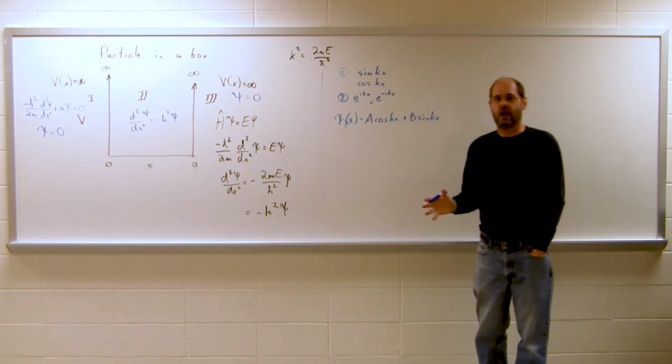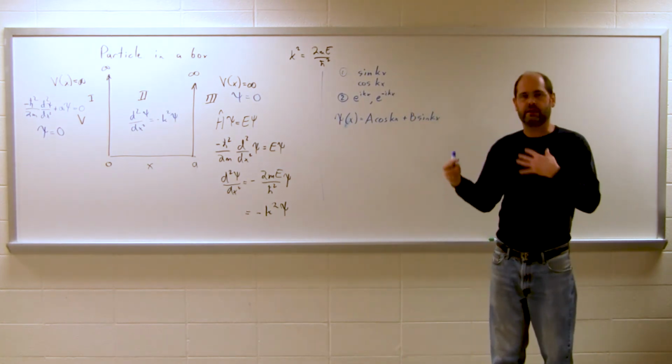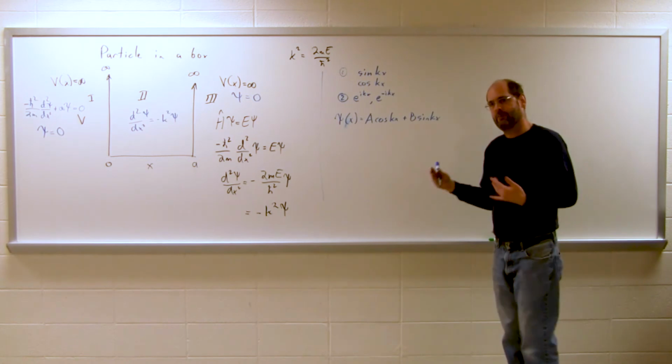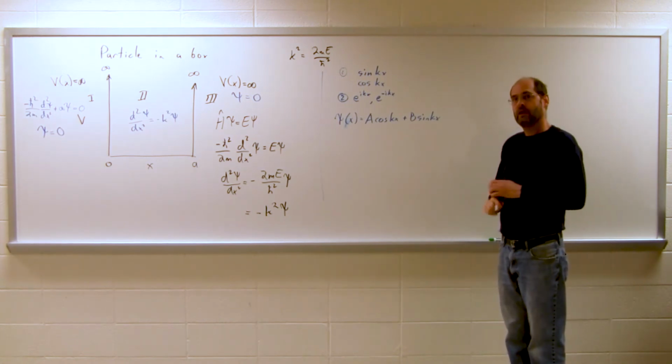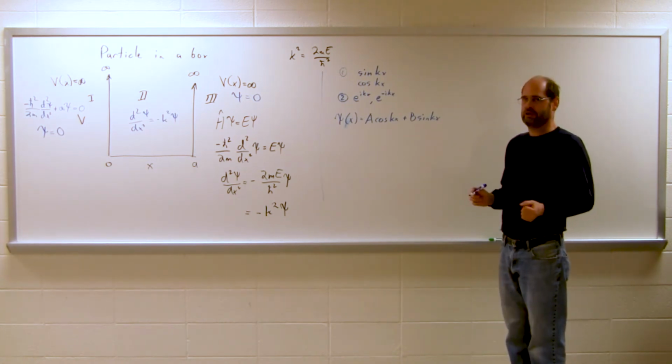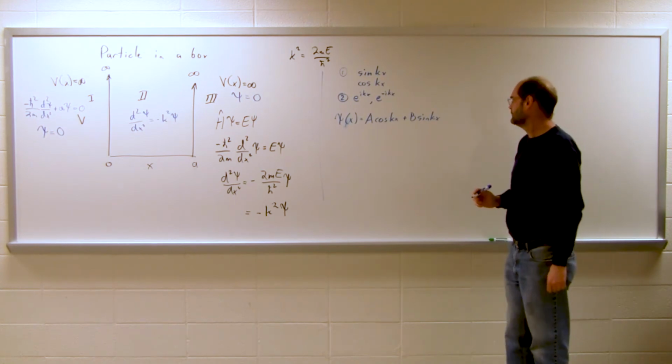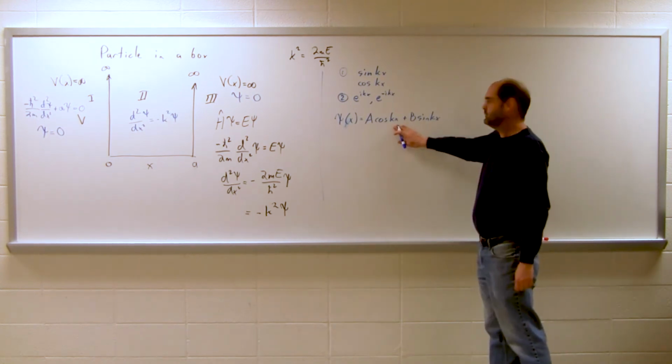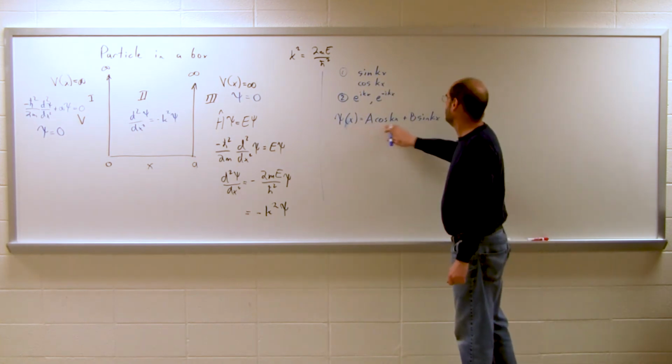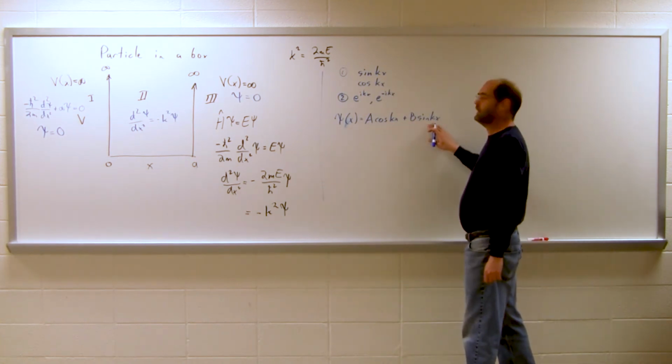What I need to do for solving a differential equation is take a combination of the possible solutions and then solve for my boundary conditions. I'll get to those in a moment. So here's my possible solution. Psi of x is equal to a cos kx plus b sine kx.